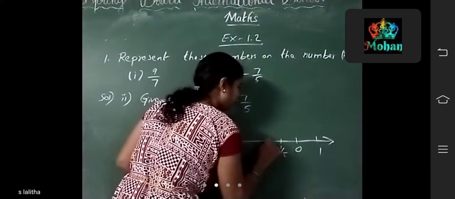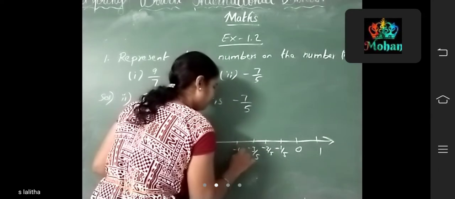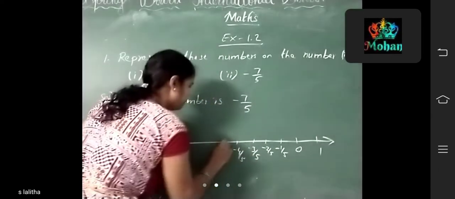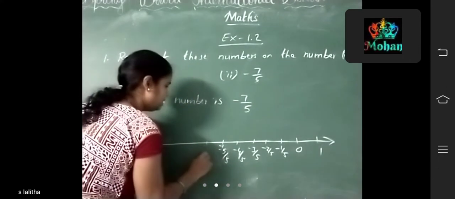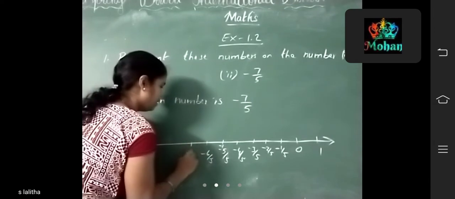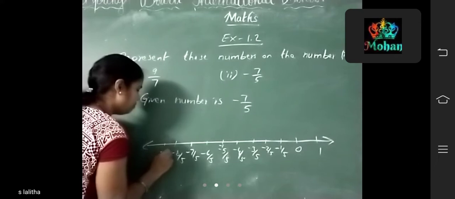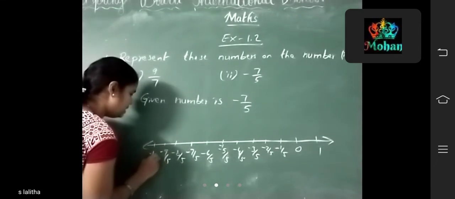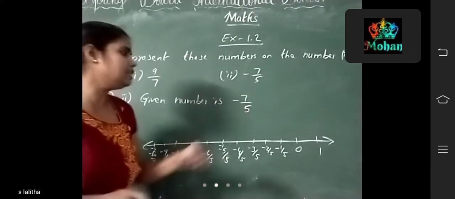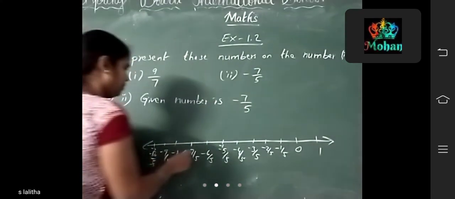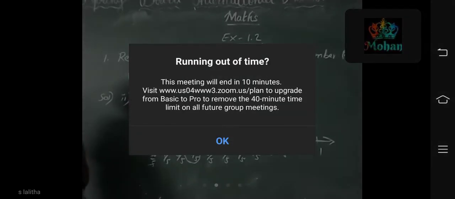Minus 1 by 5, minus 2 by 5, minus 3 by 5, minus 4 by 5, minus 5 by 5 is nothing but minus 1. Next, minus 6 by 5, minus 7 by 5, minus 8 by 5, minus 9 by 5, minus 10 by 5, nothing but minus 2. So where is minus 7 by 5? Here. You can represent like this. Did you understand?